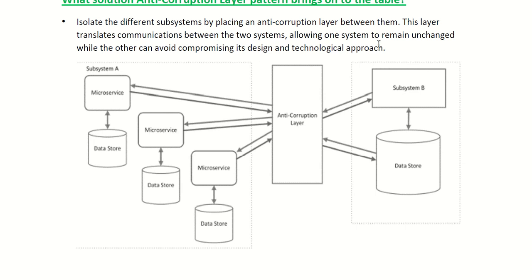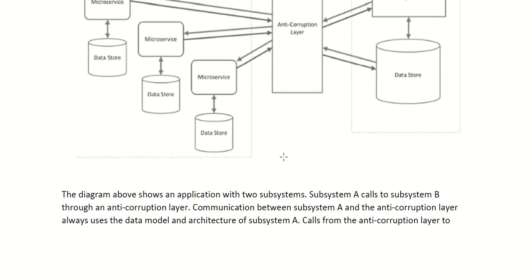So you are not required to change subsystem B, and again you are not required to change subsystem A in order to compromise its modern day design and technological approaches. The anti-corruption layer will take the responsibility of translating all these messages between these two subsystems.